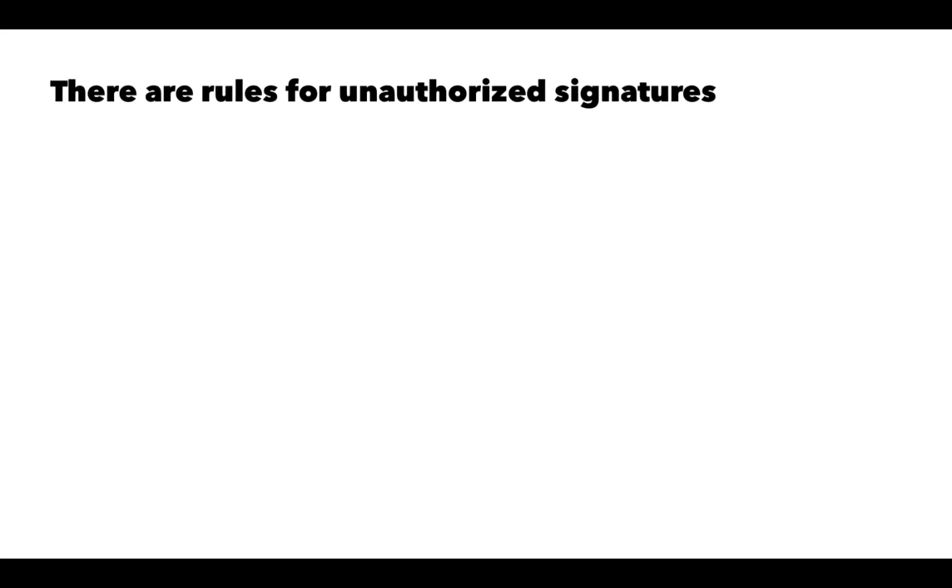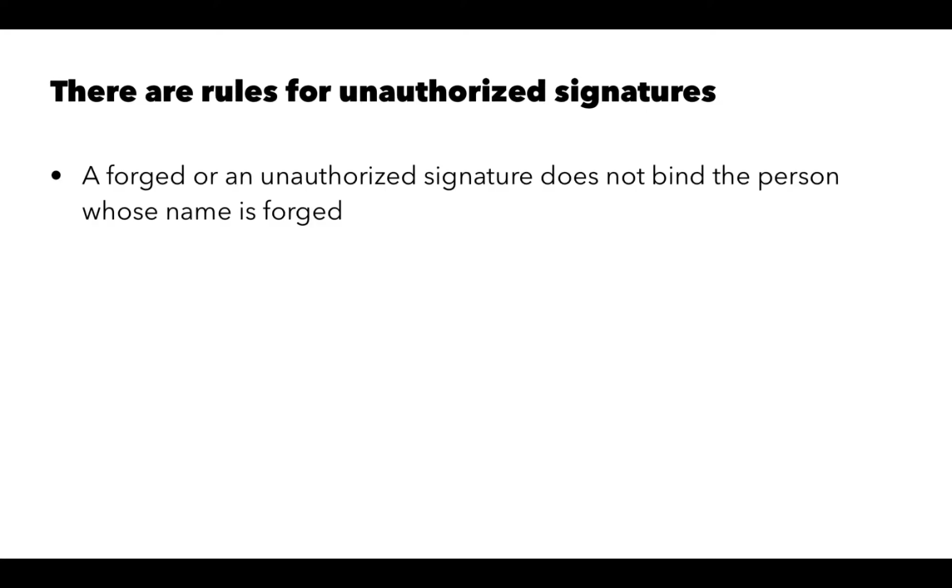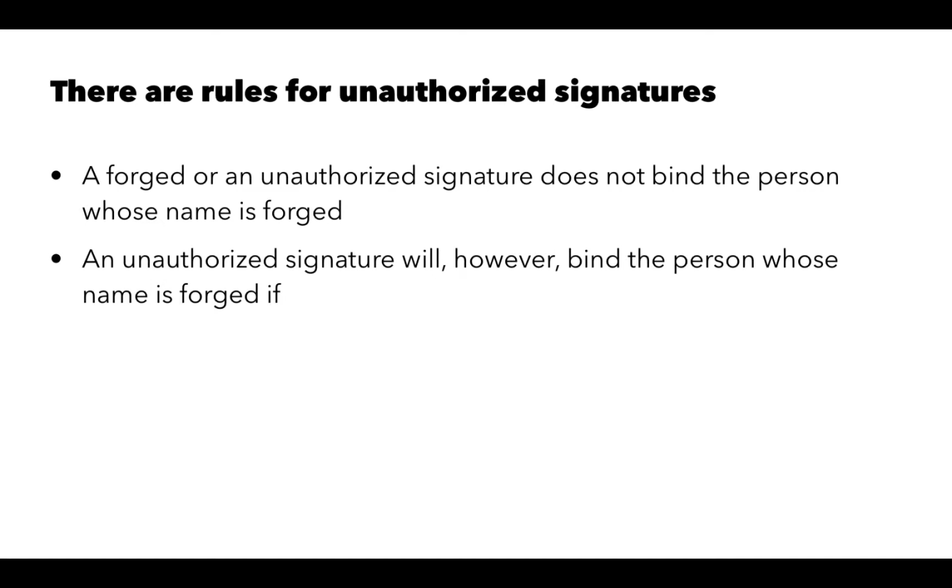Now, there are rules for unauthorized signatures. We know that a forged or an unauthorized signature does not bind the person whose name is forged. So if someone forges your name to an instrument, you cannot be held responsible for that.